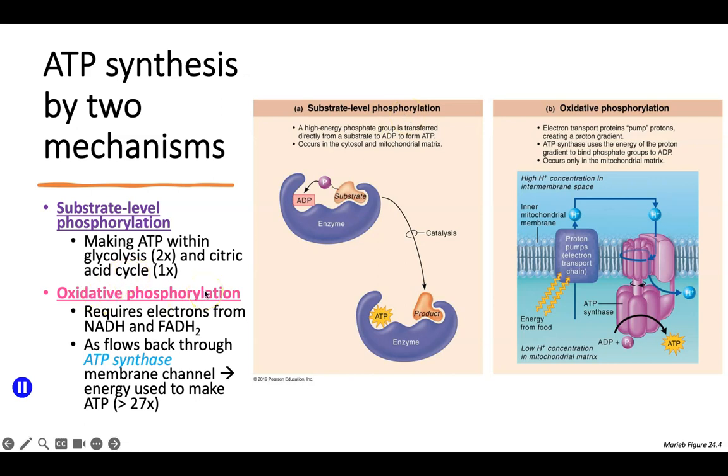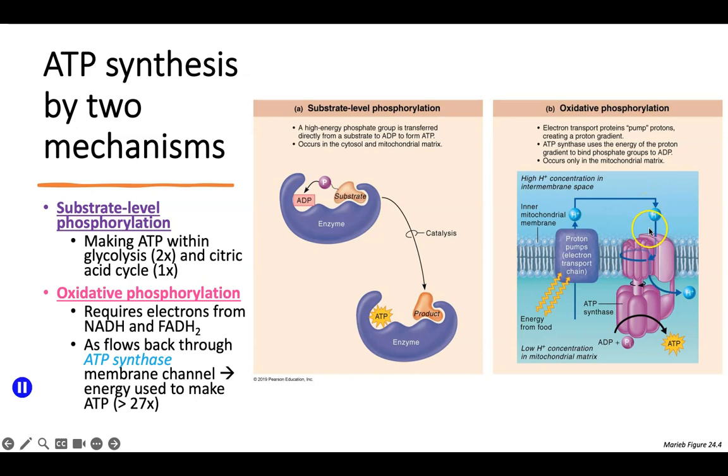Oxidative phosphorylation is where your cells are going to use the electrons from NADH and FADH2. We have this electron transport chain that is transporting and using the energy from those electrons in NADH and FADH2. It's creating this proton gradient, so it's pumping a bunch of protons to form a high concentration of protons in the intermembrane space of the mitochondria.